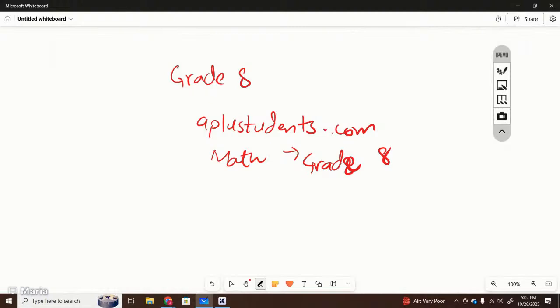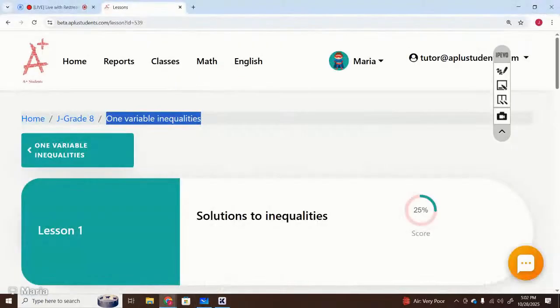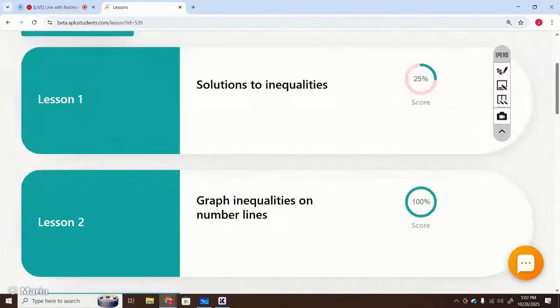We're going to start with chapter 1, one variable equations. So let's start with the first lesson, that is one variable inequalities. Solutions to inequalities.